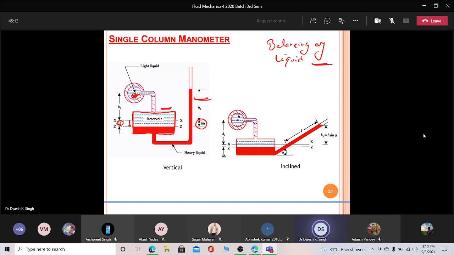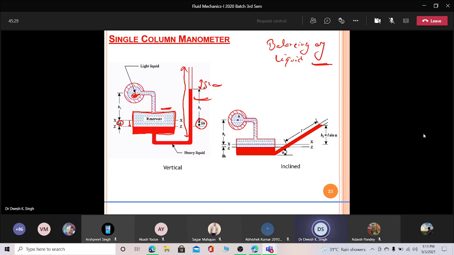So we are actually trying to measure the high pressure with a little rise in the height, so that we can decrease the length of this manometer, the tube, the limb.